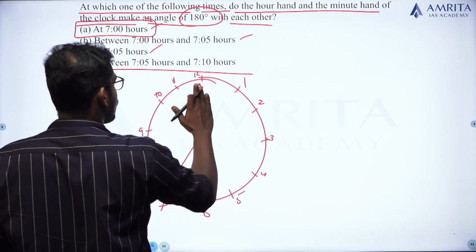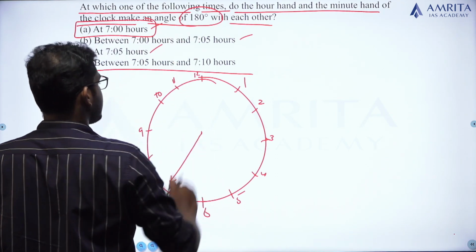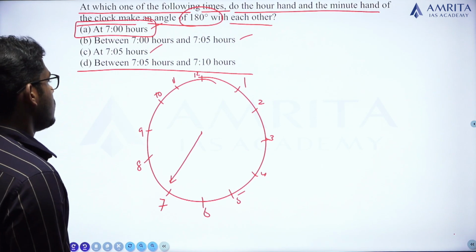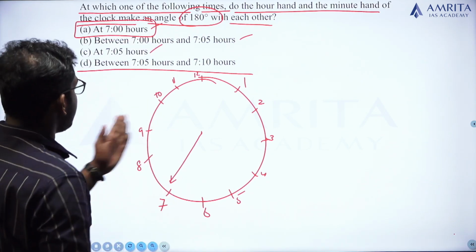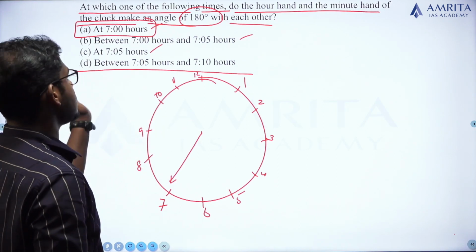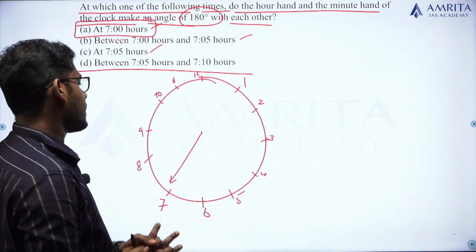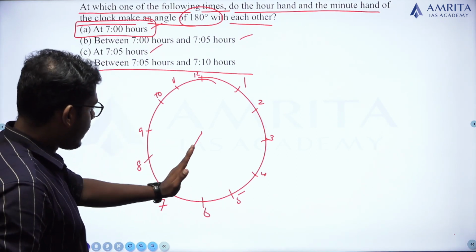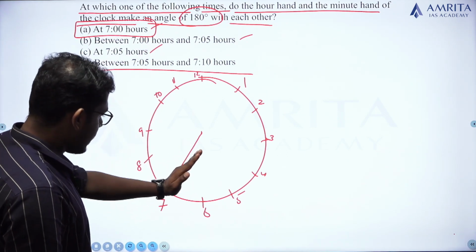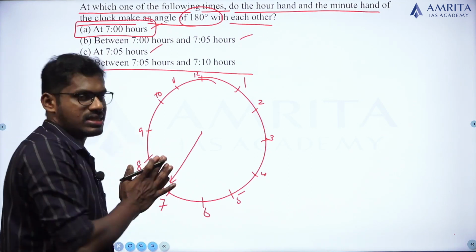Then the remaining options are between 7 and 7:05, 7:05, and between 7:05 and 7:10. In any of these options, the hour hand would have definitely moved a certain angle towards its right.